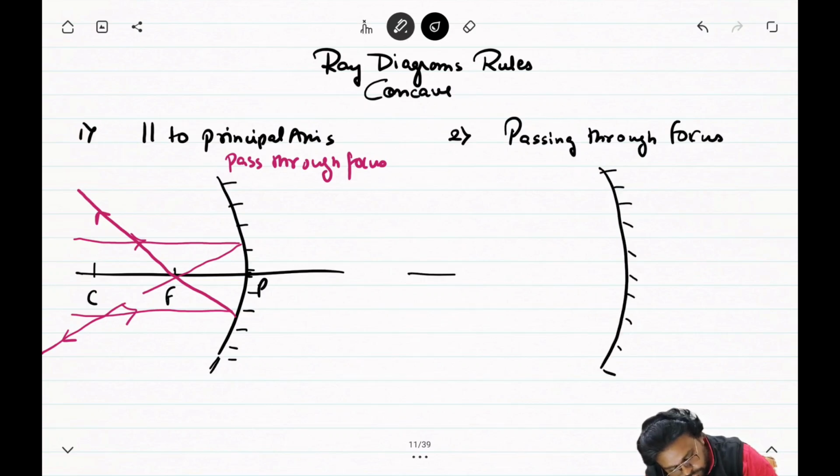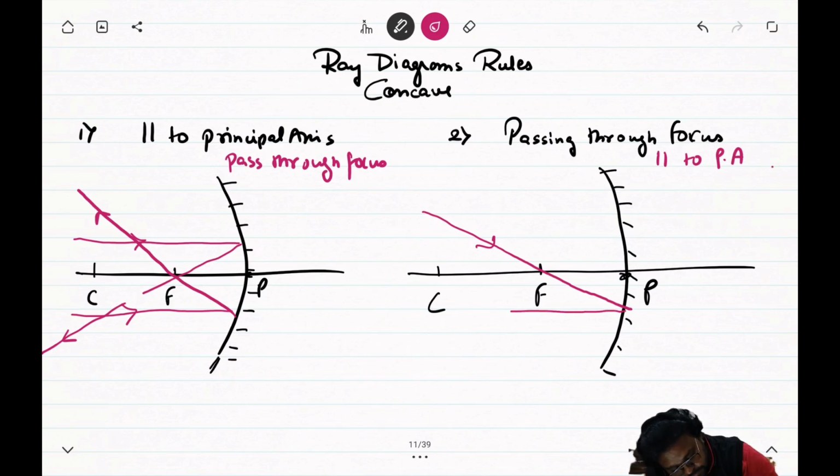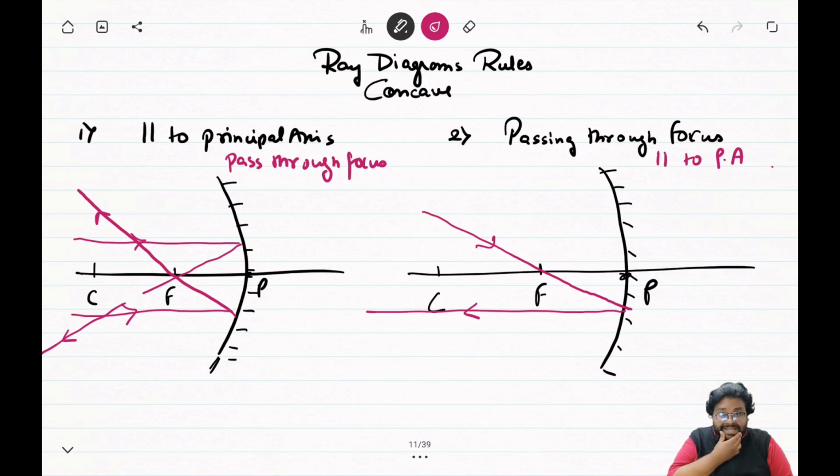This is concave. Now see, if a light ray is passing through the focus, after reflection it will be parallel to the principal axis. These are the first two rules.